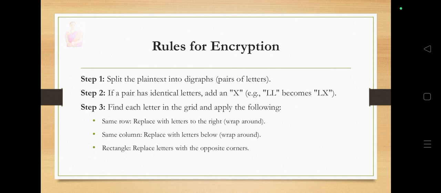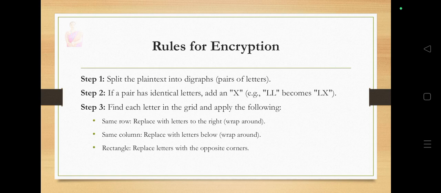If you split hello, then HE is a pair of letters, and then LL, and then O. Here we are getting LL. So HE is okay, we don't get any identical letters.